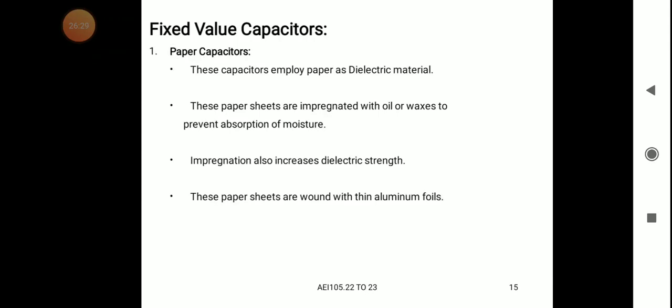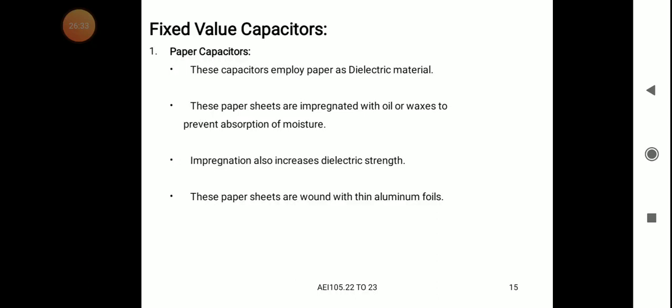Now again we try to discuss some classifications of capacitors in detail. The first topic is the fixed value capacitor. In the fixed value capacitor, we discuss the different capacitors we have.